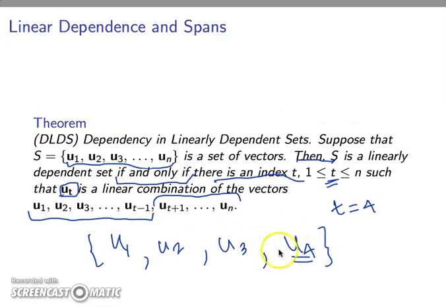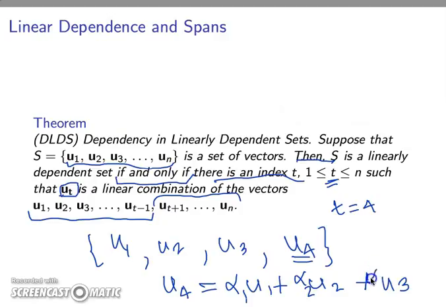And we say, if it is possible to write u4 as a linear combination of the other remaining vectors, in this case u1, u2, and u3, if there are scalars, for example alpha 1, alpha 2, and alpha 3, that make this linear combination exactly equal to the vector with that index, then in that case this theorem provides the means of ruling this as a linearly dependent set.